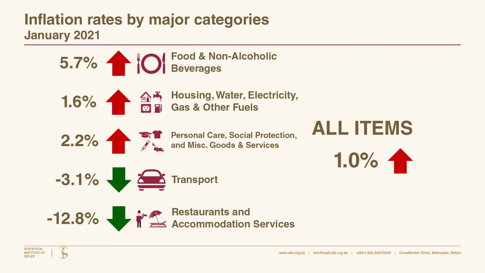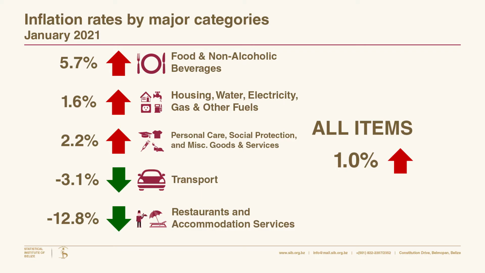The personal care, social protection, and miscellaneous goods and services category rose by 2.2%, while the transport category decreased by 3.1%, and the restaurant and accommodation services category decreased by 12.8%. This resulted in an overall average change of 1% for the All-Items Consumer Price Index.